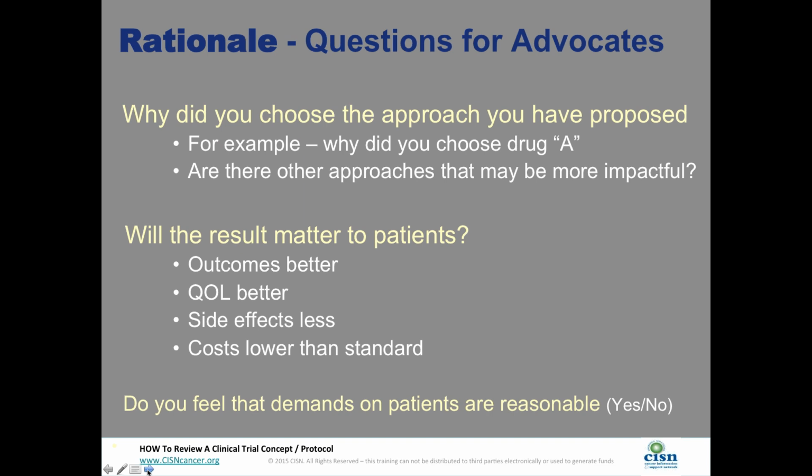And is there another approach that may be a little more impactful? Remember, each of these starts with some specific researcher or PI with an idea. And it may be his pet idea, and he may have focused the last 5 years of his career on this idea. But maybe it doesn't mean that much to everybody else, and somebody's got to say that.